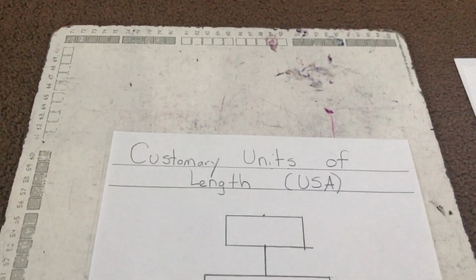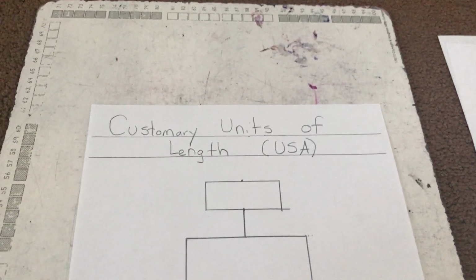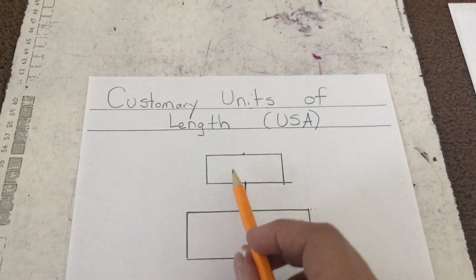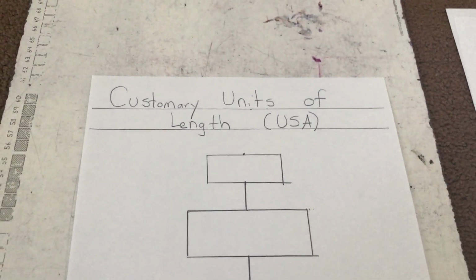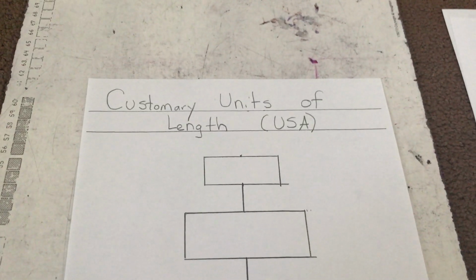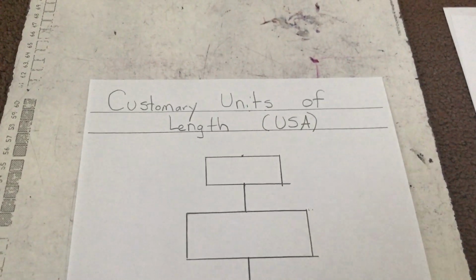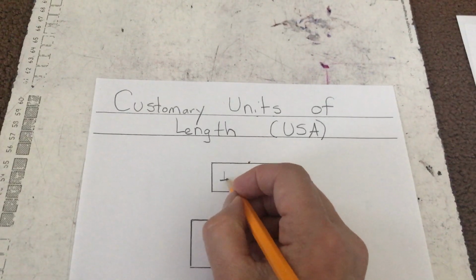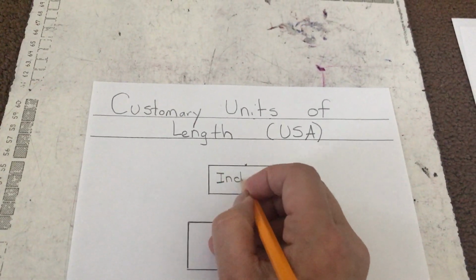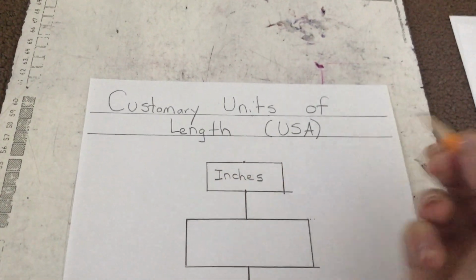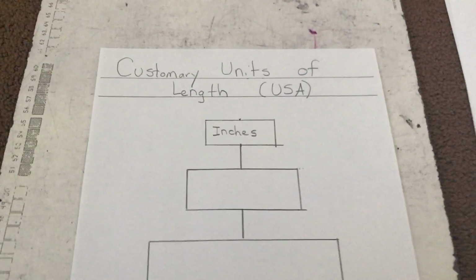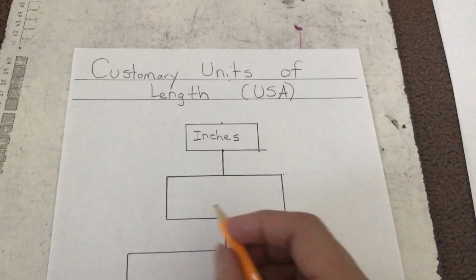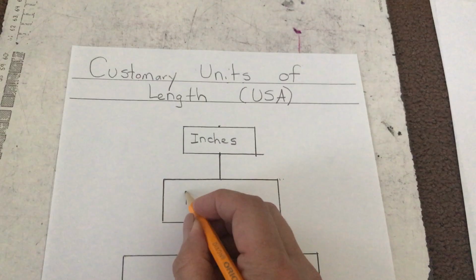Okay? All right. So we're starting up at the top, and the smallest unit to measure length in America is what? You got it, inches. So you're going to write that right in the box. The next size would be, good, feet.